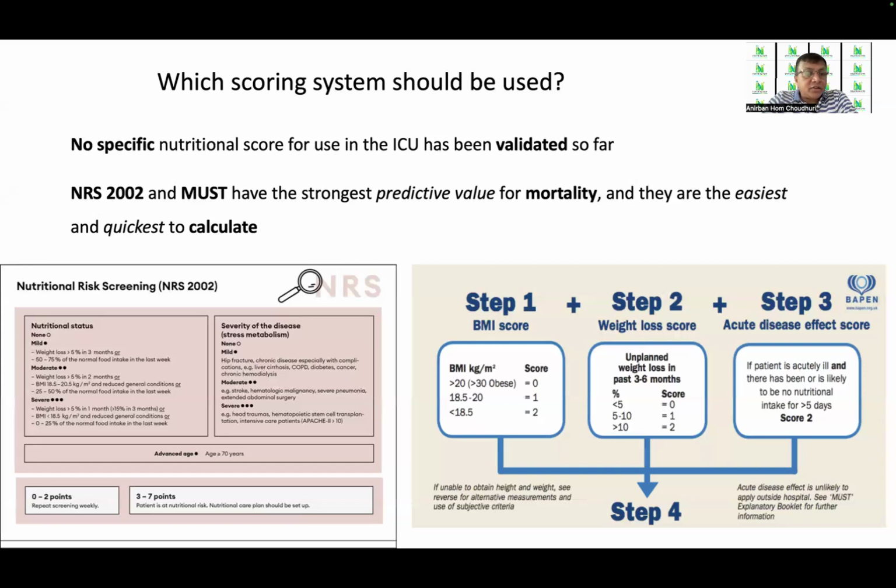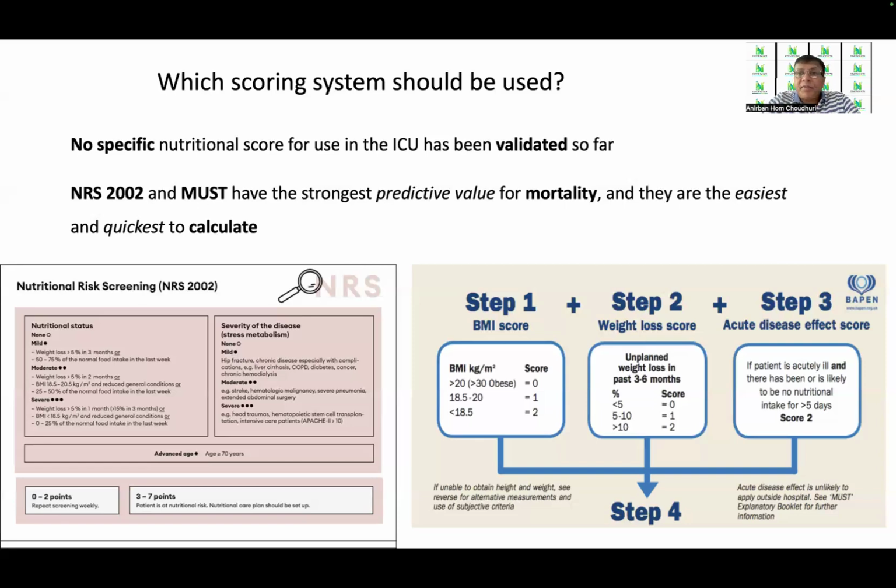So in NRS 2002, the Nutritional Risk Screening, we have a point system. A score of 0 to 2 points suggests repeat screening weekly. And if the score is between 3 to 7, it indicates that the patient is at nutritional risk and a nutritional care plan should be set up and followed.